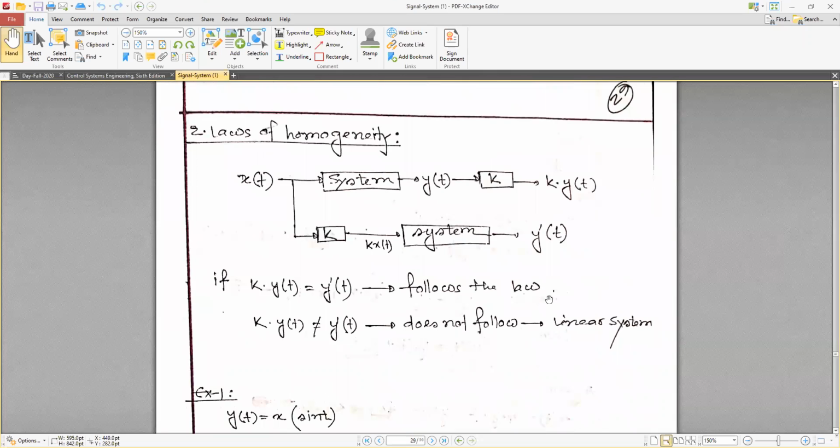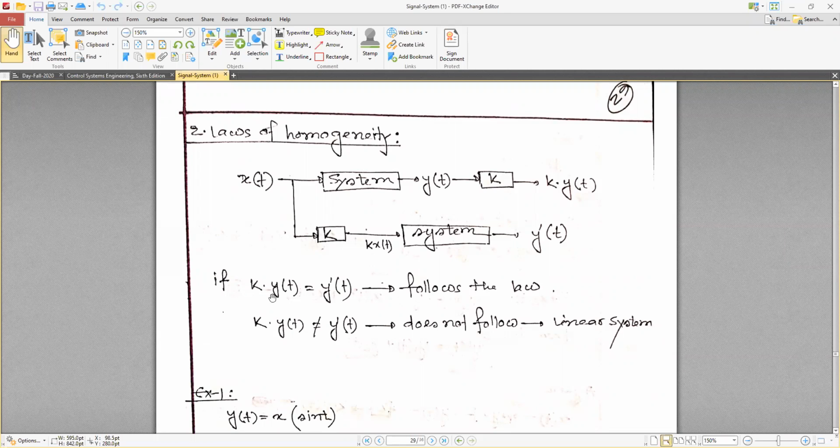Okay, so the law of homogeneity. What does it mean? If I put the input x(t) into the system, I will get the output y(t), and if I multiply it by k, then it would be k y(t). And if I put k before the system, k x(t), I get y prime(t).